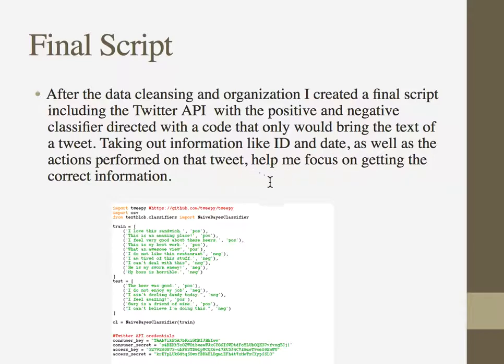The actions performed on the tweet help me focus on getting the correct information. As I was saying, I only included the code that pulls information only from the text of the tweet, so I was ignoring the rest of the columns and rows that didn't have anything to do with it.